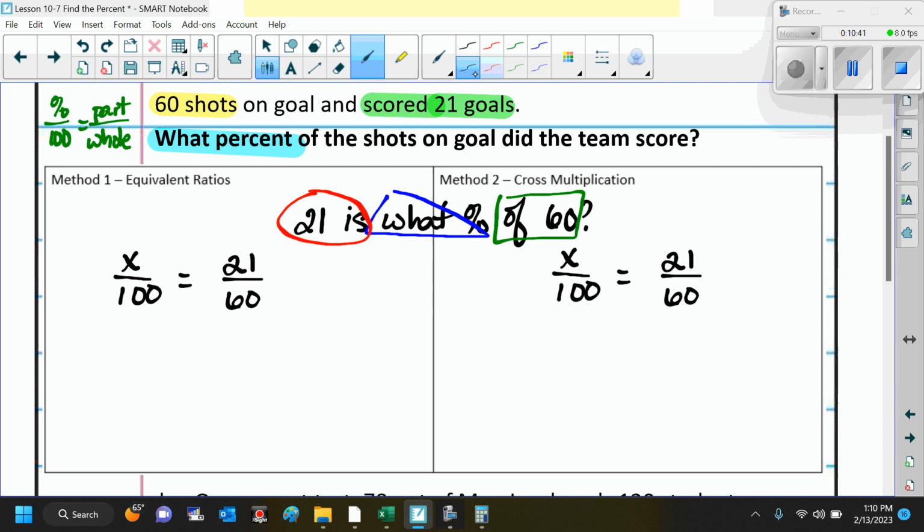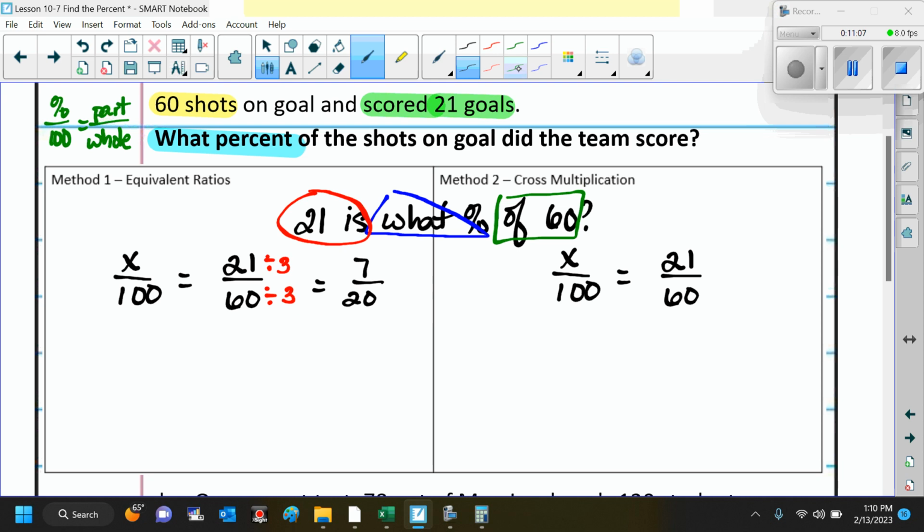So you can solve this with either of the methods. Let's start with the equivalent ratios. Let's see, can I simplify that? Let's divide by 3. If I simplify it by dividing by 3, that's going to give me 7 over 20. Look at that.